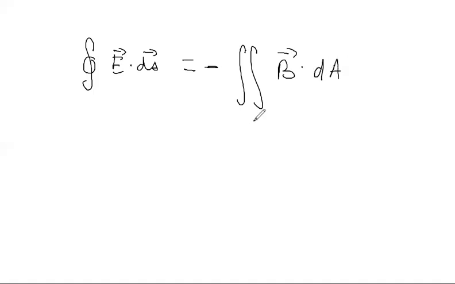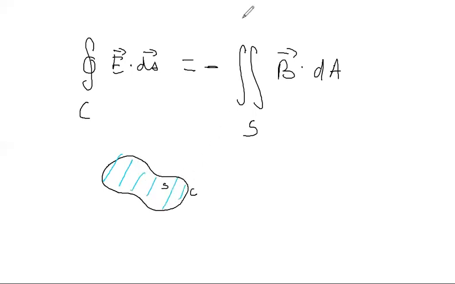So this is through a surface S, and then it's around a closed curve C, and I'll go ahead and label things here. So I have curve C, a surface S, and there's a soap bubble there to show you where S is, and then we have a magnetic field threading that.